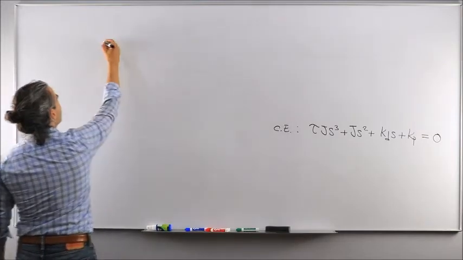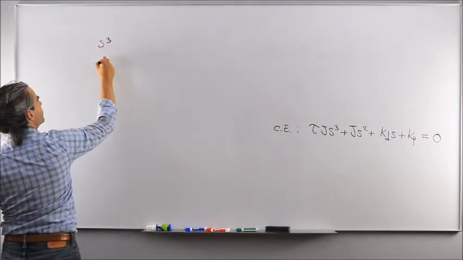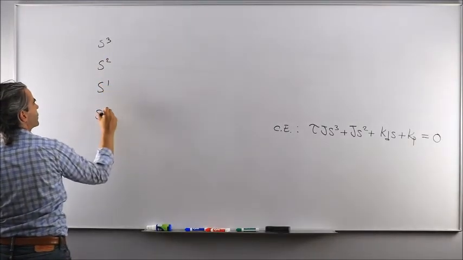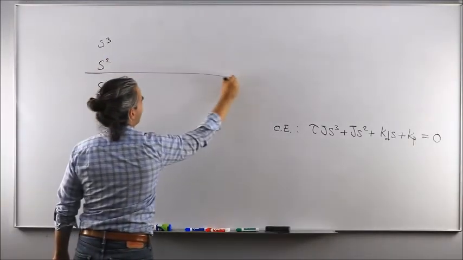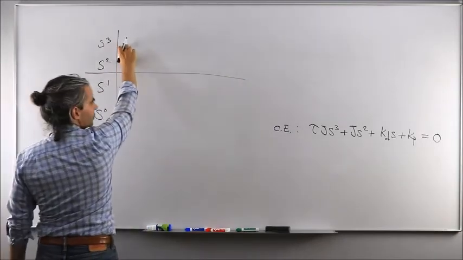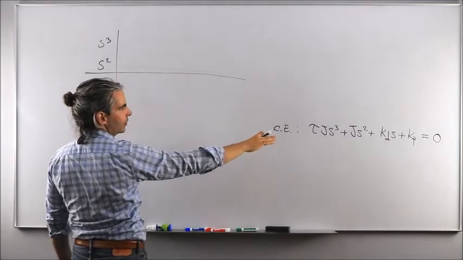So we have s cubed, s squared, s to the power 1, s to the power 0. Oh, that's going to be a quick one, right? Because we know that we fill the top two rows with the coefficients of this polynomial.